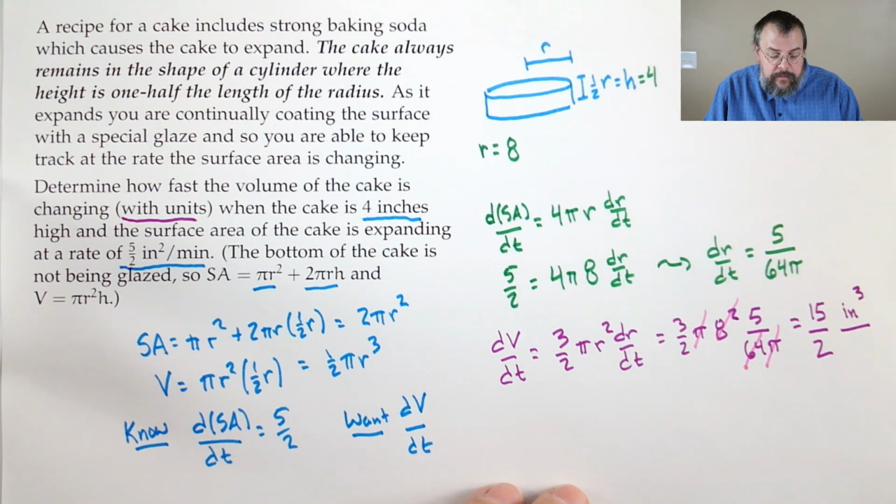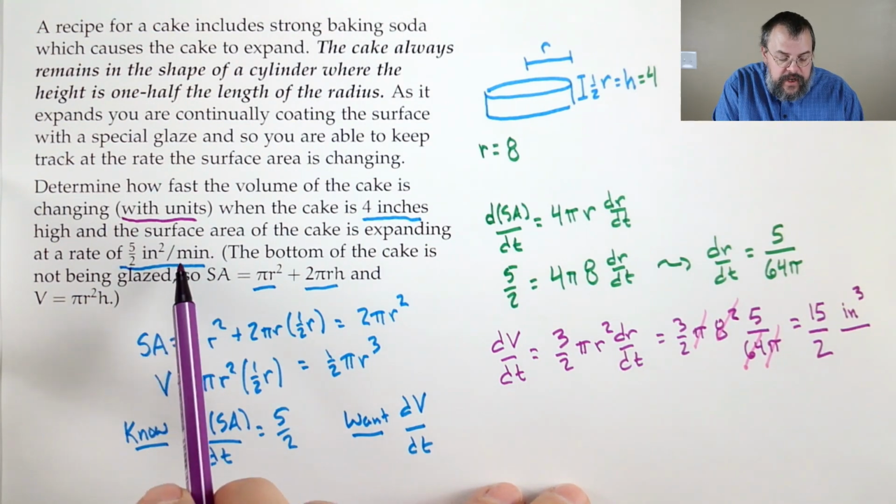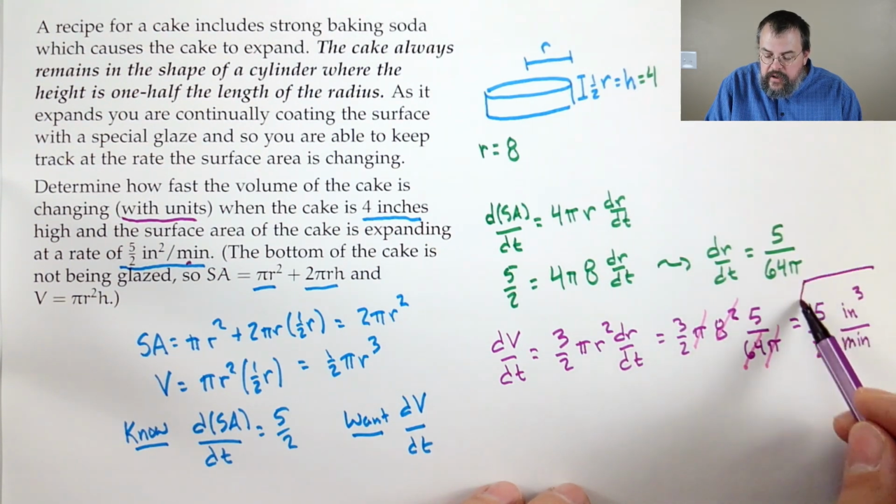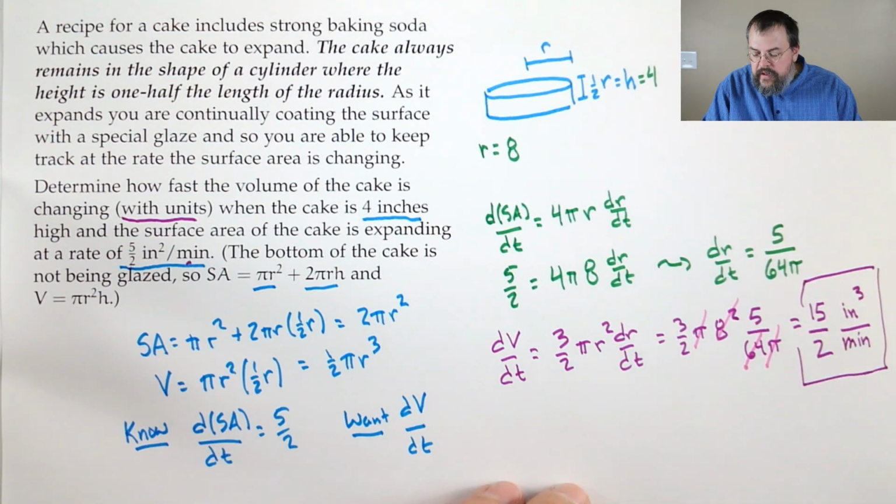What are our units for time? Time is being measured in minutes, so inches cubed per minute. And that's our answer. There you go. Nice. Good times.